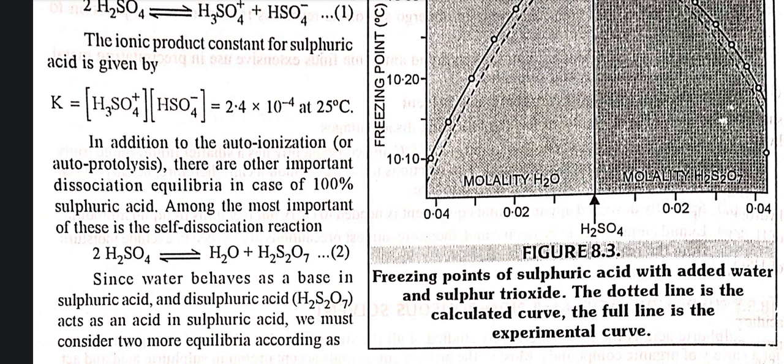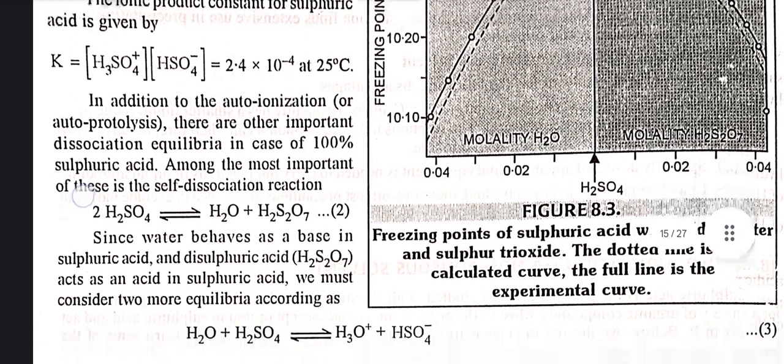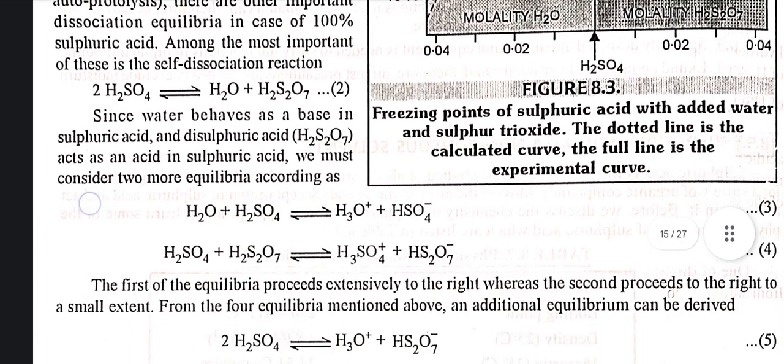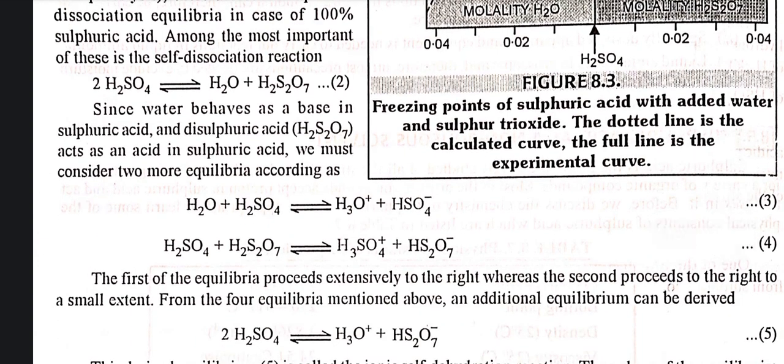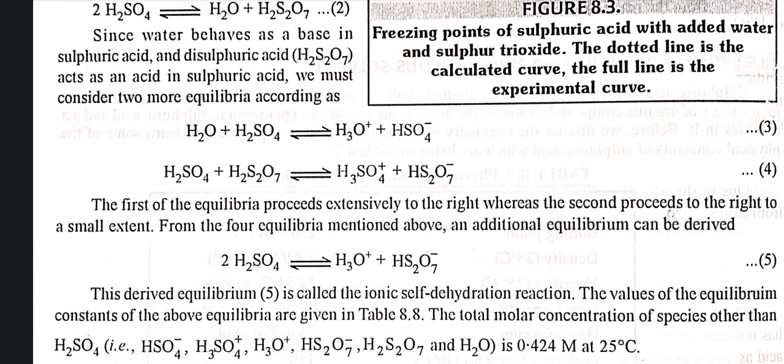Since water behaves as a base in sulfuric acid and disulfuric acid acts as an acid in sulfuric acid, we must consider two more equilibria. The first of the equilibria proceeds extensively to the right, whereas the second proceeds to the right to a small extent. From the four equilibria mentioned above, an additional equilibrium can be derived.